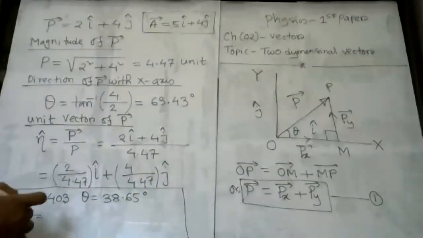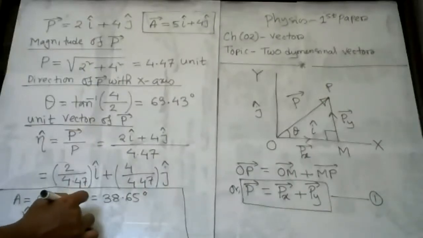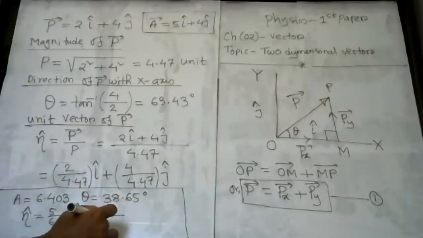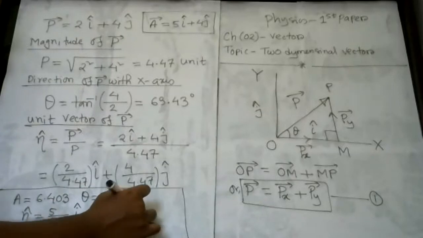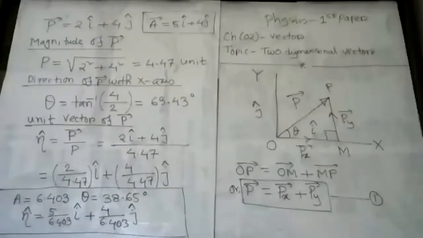It will equal to 5 by 6.403 i hat plus 4 divided by 6.403 j hat. Now, my dear student, raise your hand after solving this question.